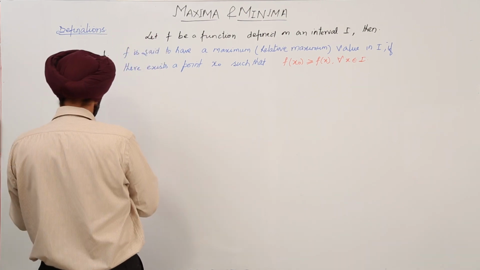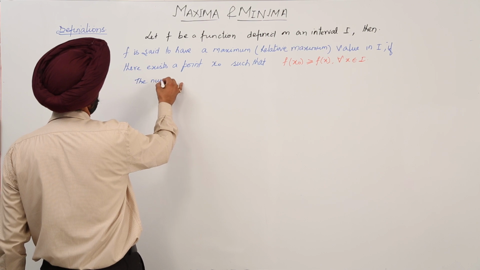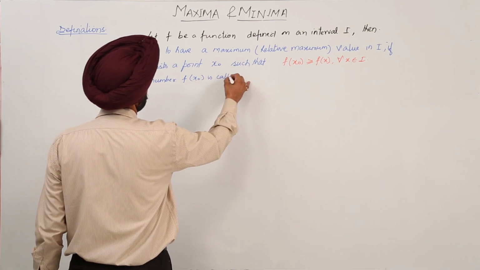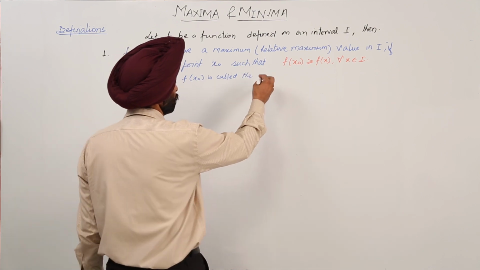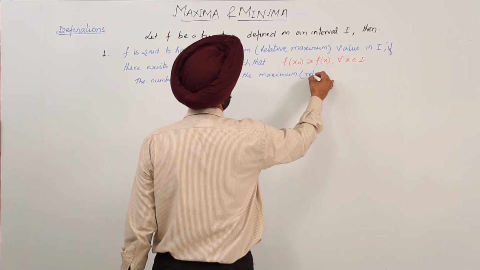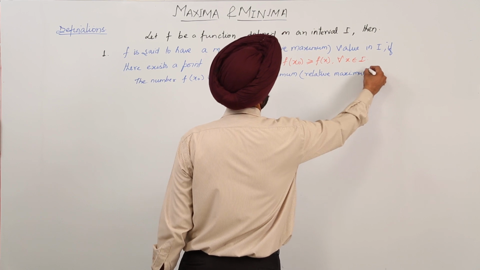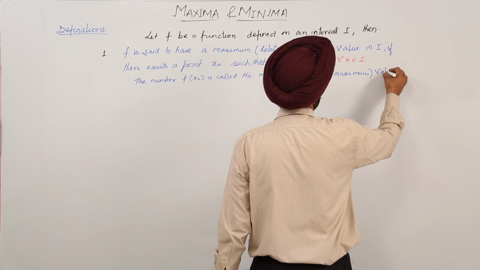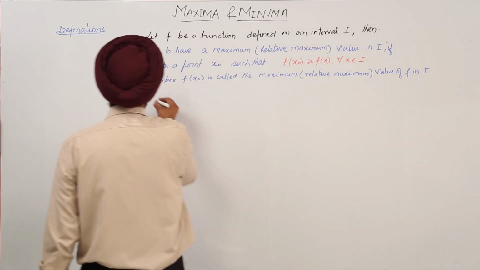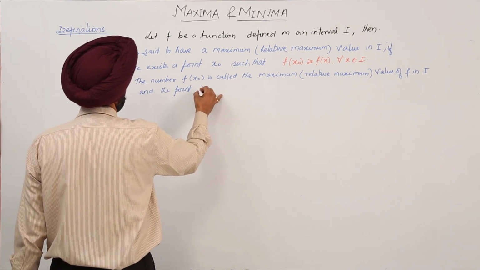The number f(x0) is called the maximum or relative maximum value of f in I, and the point x0.